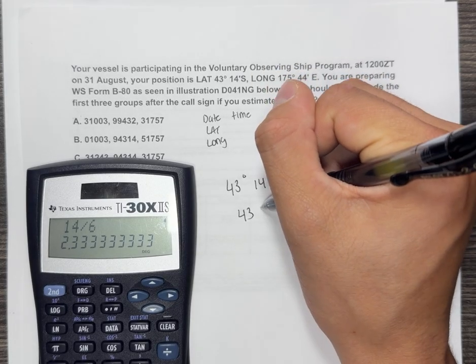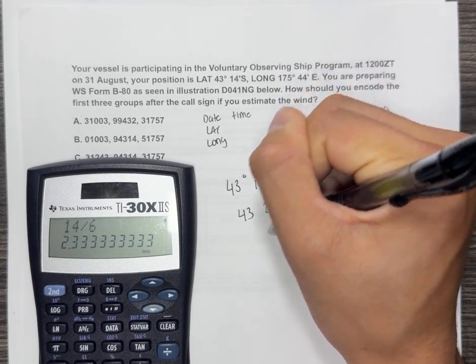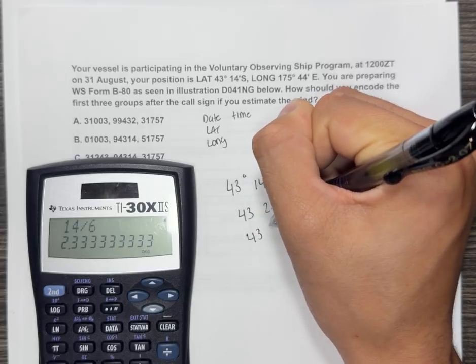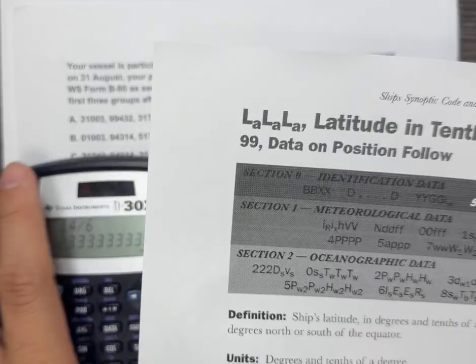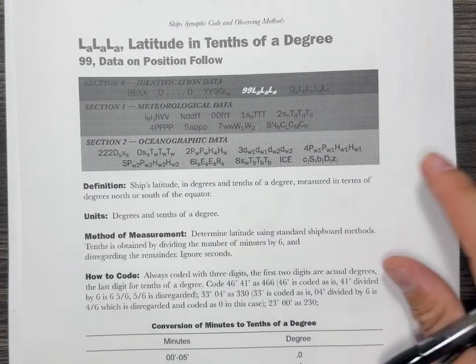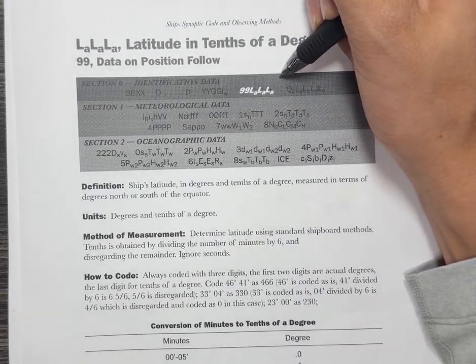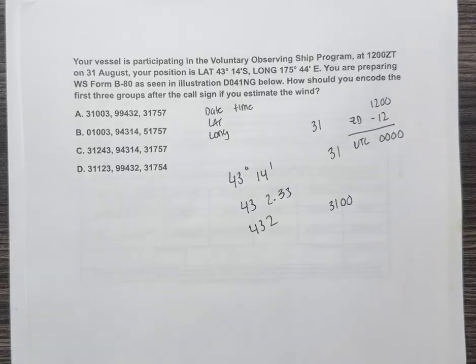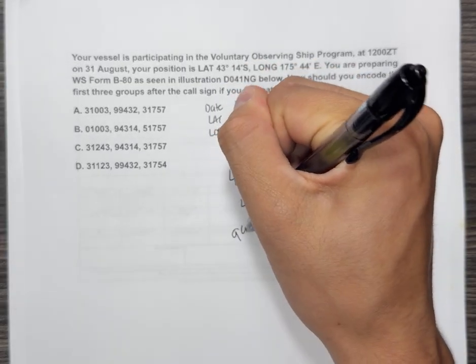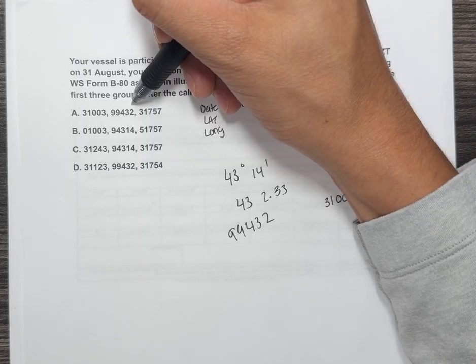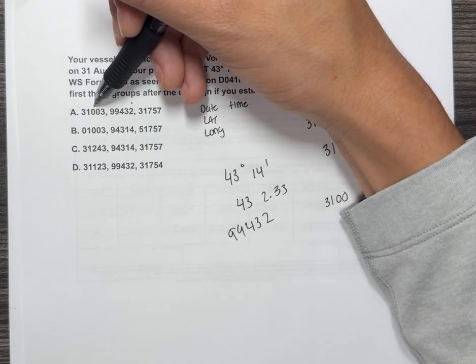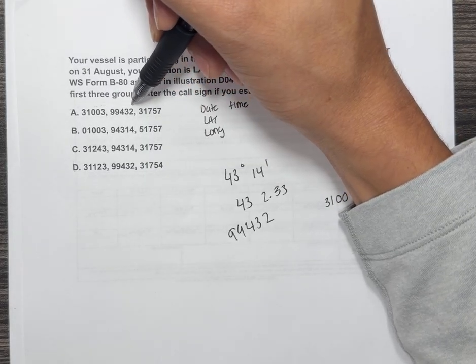So 43, and 2.33 rounded down is 432. So if we look back at our latitude page in the weather coder book, it's 99, and then our latitude displayed in 3 numbers. So we'll do that now. 99432. Go to answer choice A, which is consistent with our first finding 31003, and then 99432.